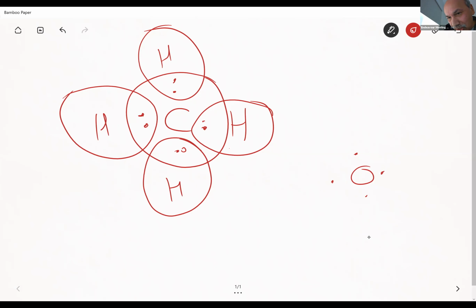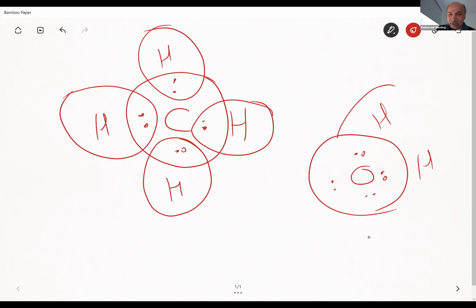So we need 2 more. It needs 2 more electrons. Hydrogen with 1 electron says I am able to share that. Another hydrogen says I am able to share 1 electron. So now you have oxygen with 8 electrons, and hydrogen with 2 electrons.